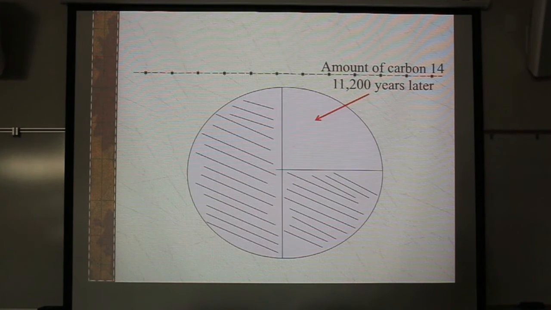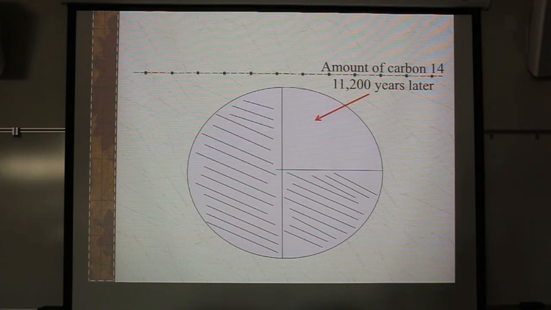So you're always losing half, even though this half is smaller in size than this half. The rate at which it decays stays the same.